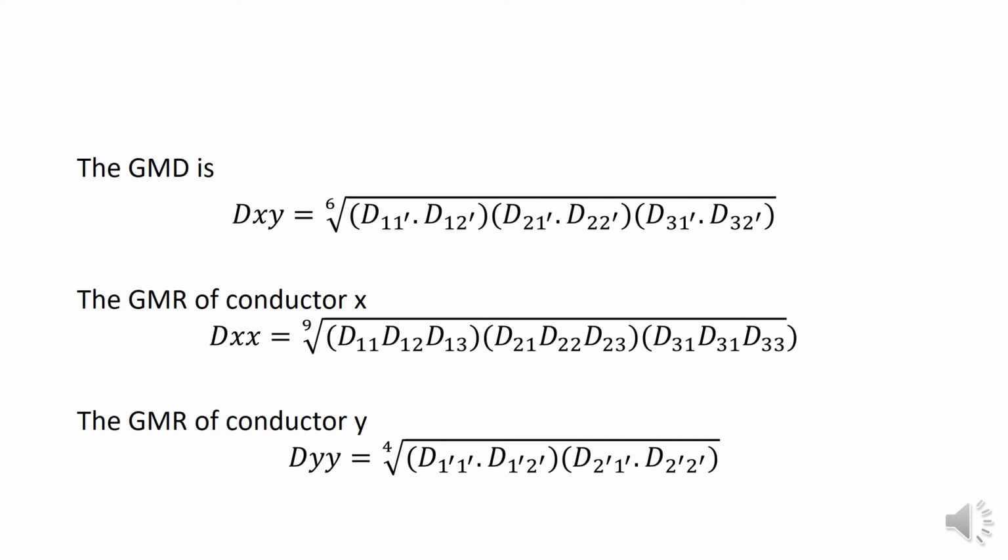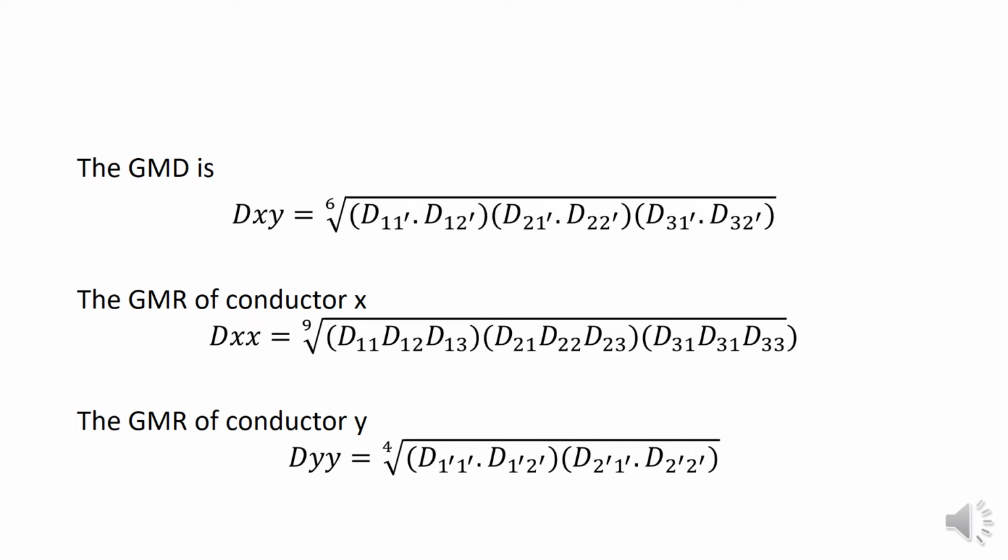Consider that conductor X has three lines and conductor Y has two lines. So D11 dash, right?